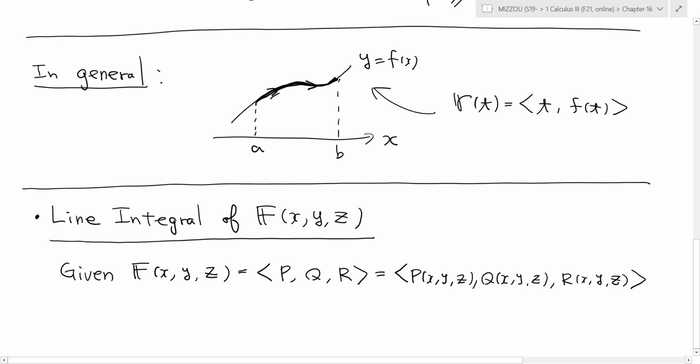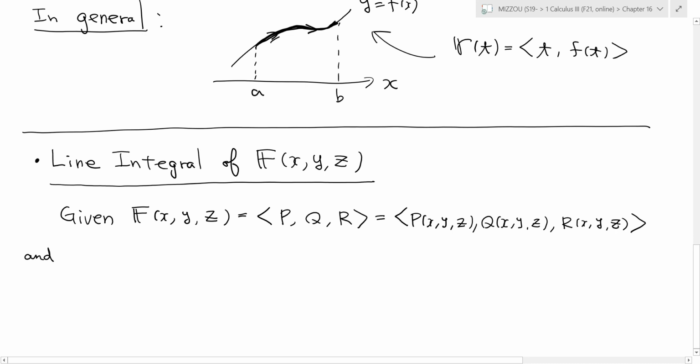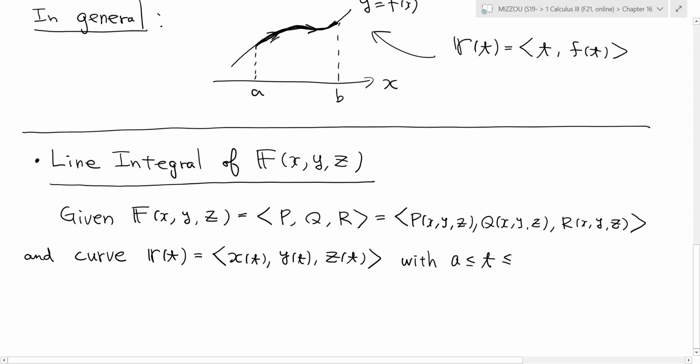Given this and a parametric curve r of t, which is (x of t, y of t, z of t), it's a curve in R3 with starting point t equals a and ending point t equals b.